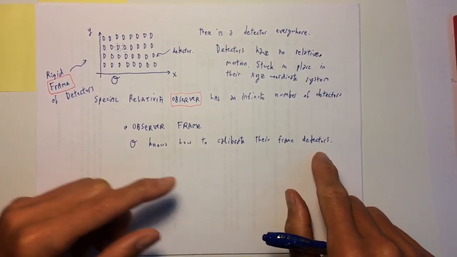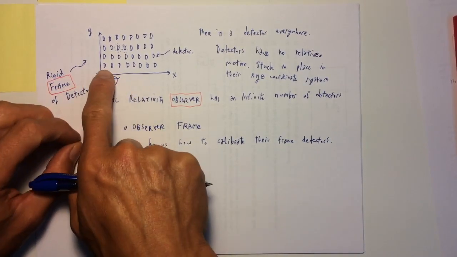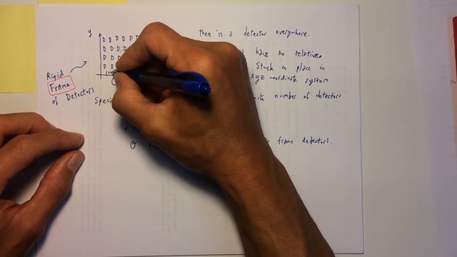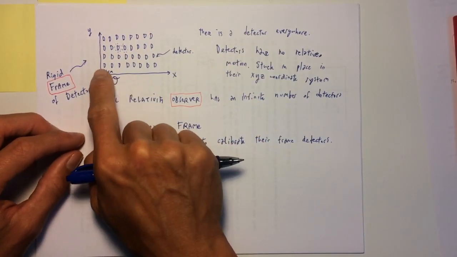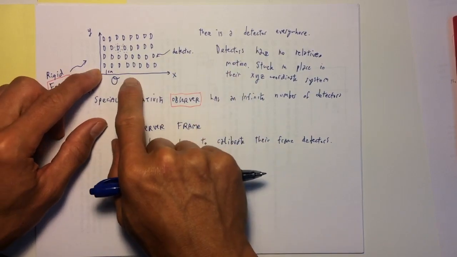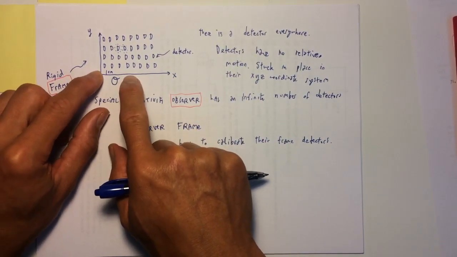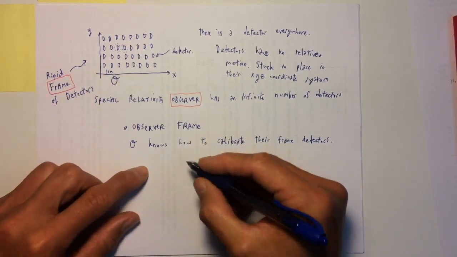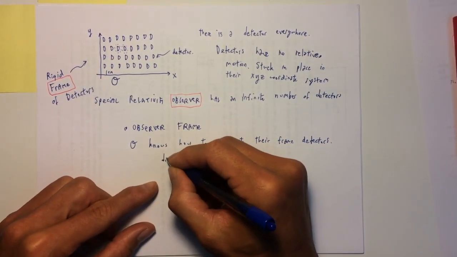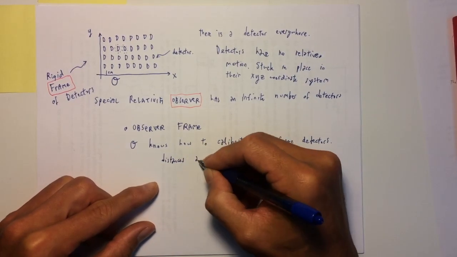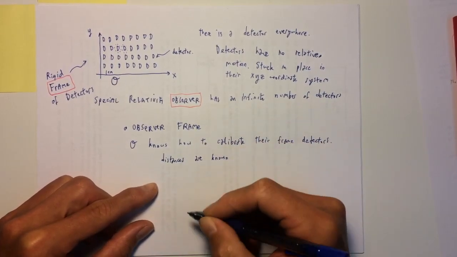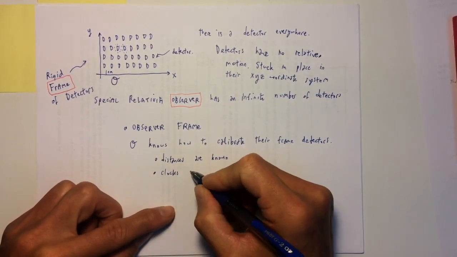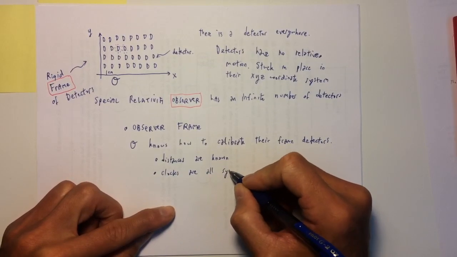What's meant by this is O knows that adjacent detectors, say, are always 1 centimeter apart, right? So 1 centimeter is, say, the smallest distance of resolution. And also, all of the detectors, so distances are known, and also the clocks are all synchronized.